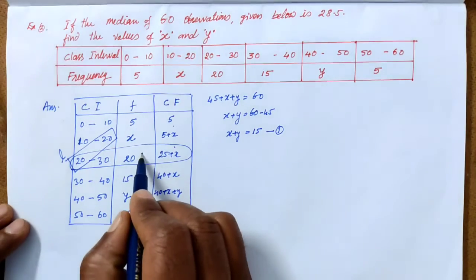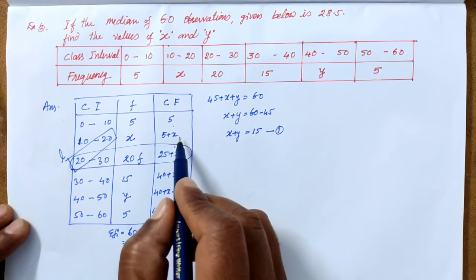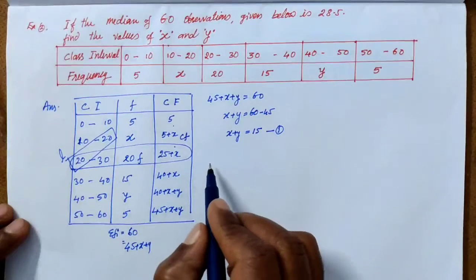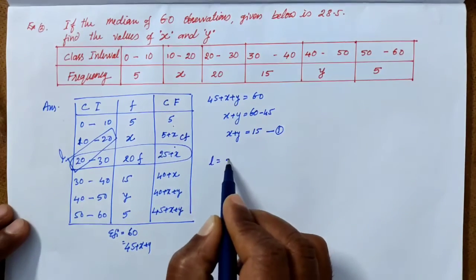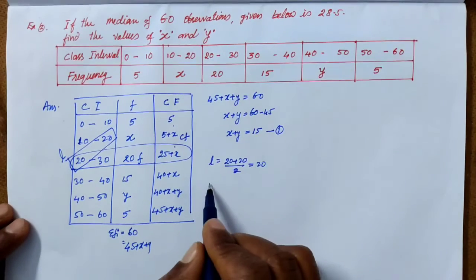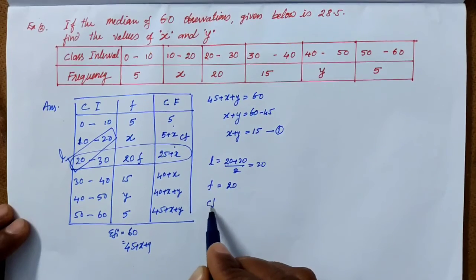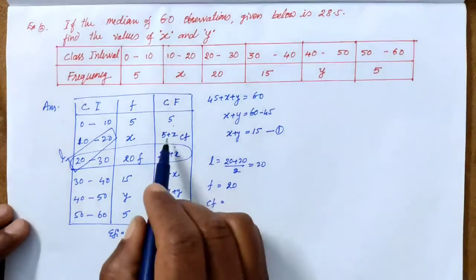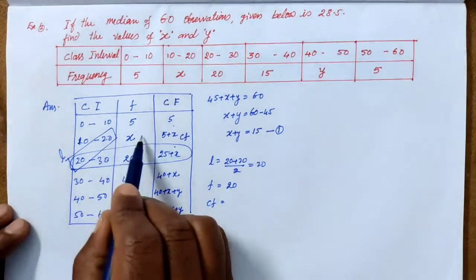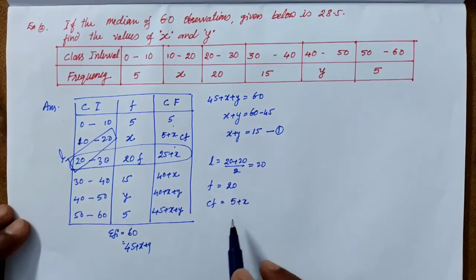The frequency f of the median class is 20, and the cumulative frequency preceding the median class is this one, so CF is 5 plus x.